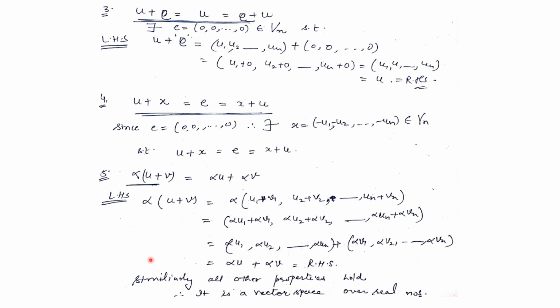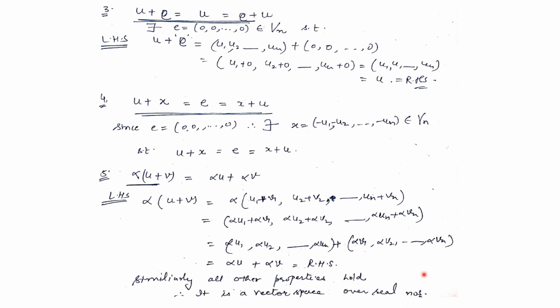Similarly, you can show all the rest of the properties, that alpha beta times u is alpha times beta u is beta times alpha u, right? Alpha plus beta times u, you consider the left hand side, and easily you can show that this is equal to your right hand side. So all these properties are satisfied. Therefore Vn is a vector space over the set of real numbers, right?